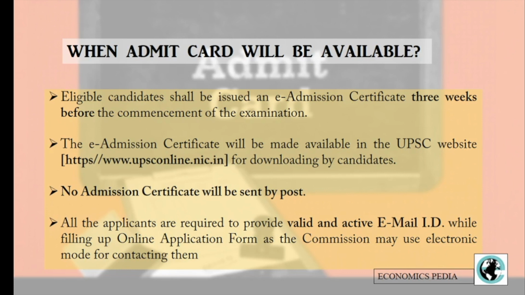One thing you need to take care of is that no admission certificate will be sent to you by post. It will only be available on the online platform, and that is why you need to provide a valid and active email ID, because that's the only electronic mode through which they are going to contact you. So the email ID has to be the correct one.